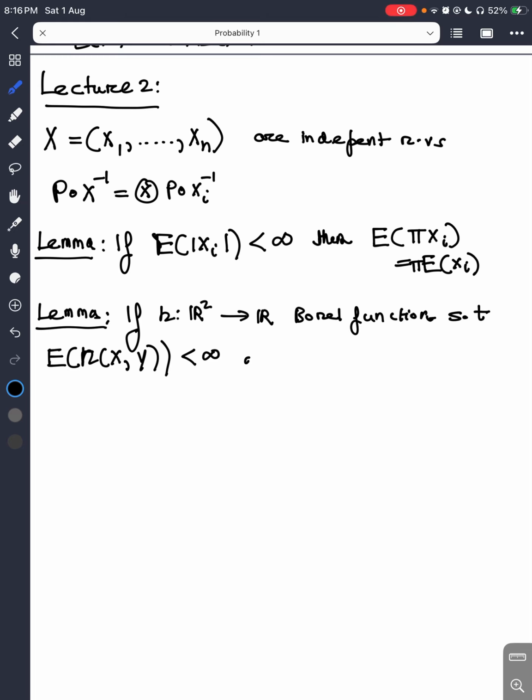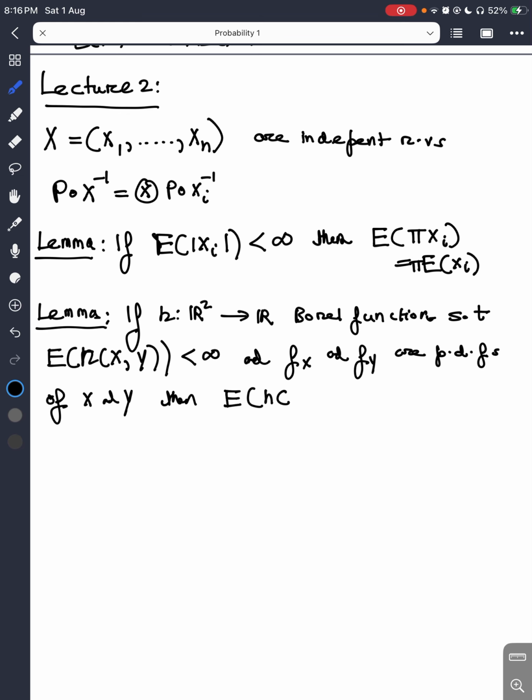And fX and fY are the PDFs of X and Y. Then the expectation of h(X, Y) is equal to the integral over R2 of h(x, y) fX(x) fY(y) dx dy.